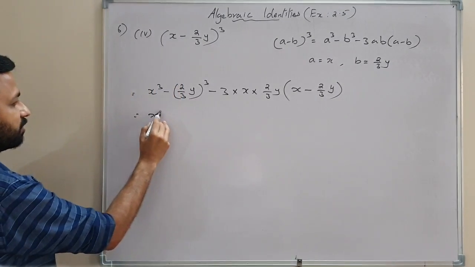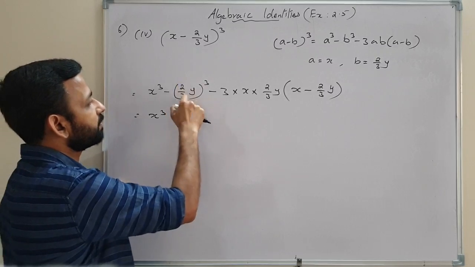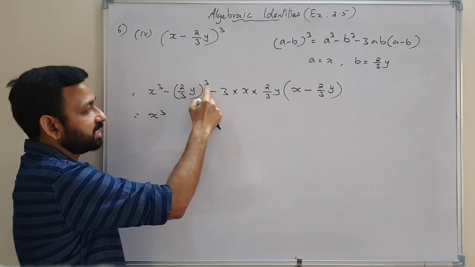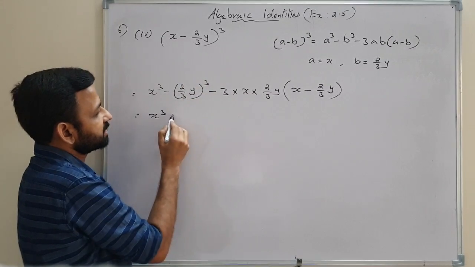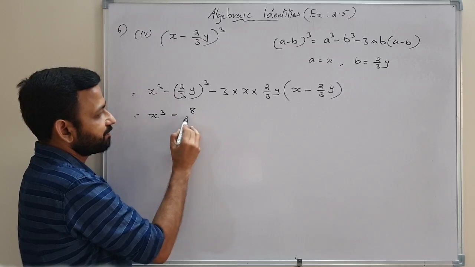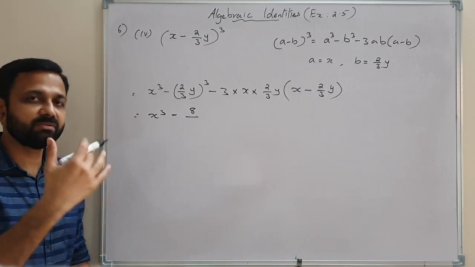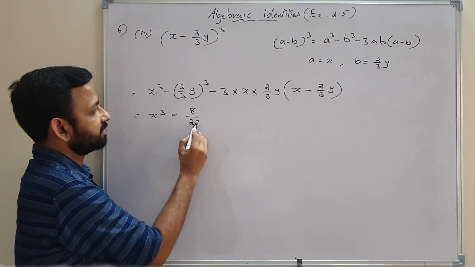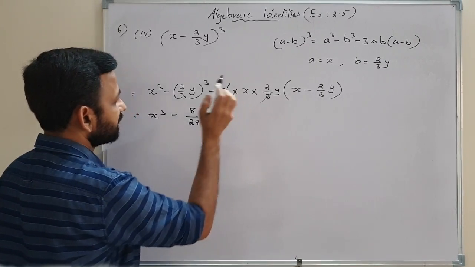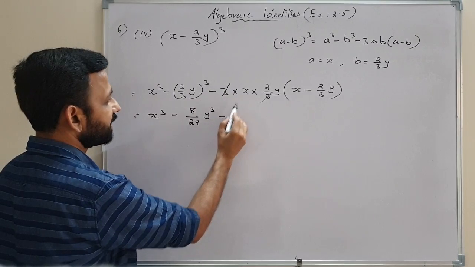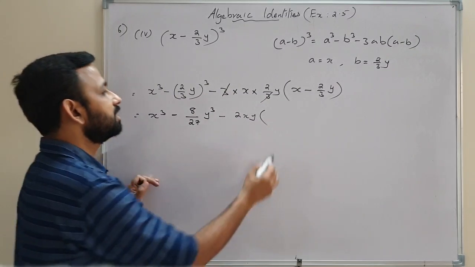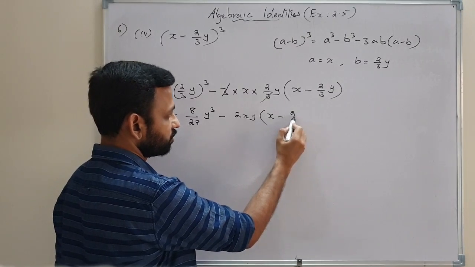That is x cube, then 2 by 3 raised to the power 3, so that is 2 cube divided by 3 cube. So 2 cube is 2 into 2 into 2, 8, upon 3 cube, 3 into 3 into 3, 27, y cube. Then here 3 and 3 cancelled, then we have minus 2xy outside the bracket, then x minus 2 by 3y.